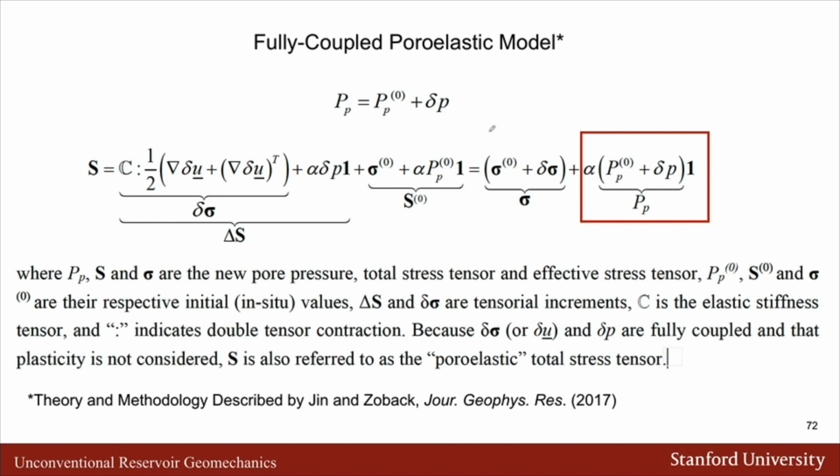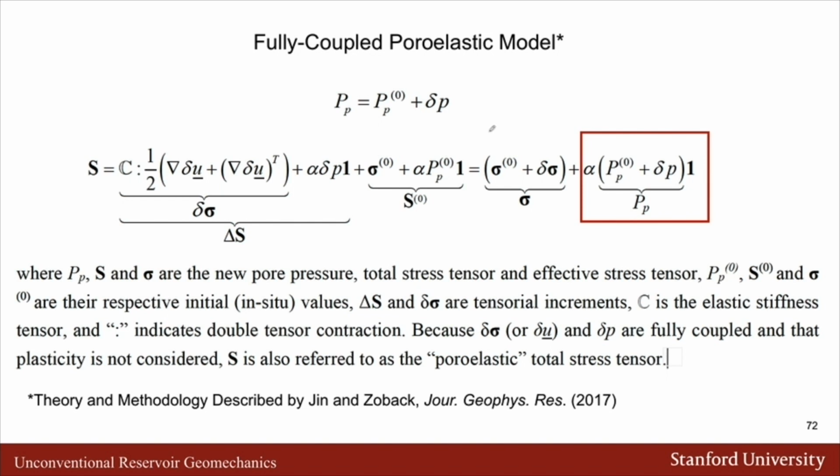In this fully coupled model, which is described in detail in this 2017 paper, the mathematics of how to do this in this very heterogeneous material is fairly complex. But there's an interesting way to think about it, and that is that the change in stress resulting from the change in pore pressure is proportional basically to the pore pressure gradient, okay?